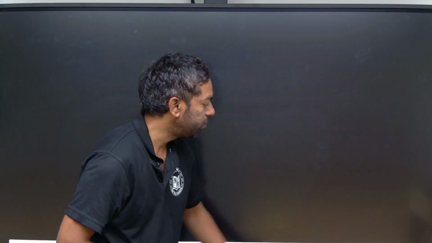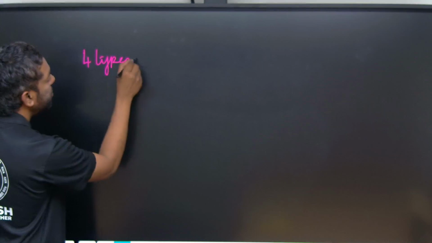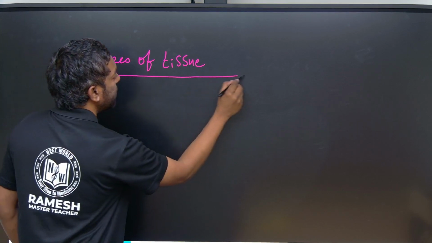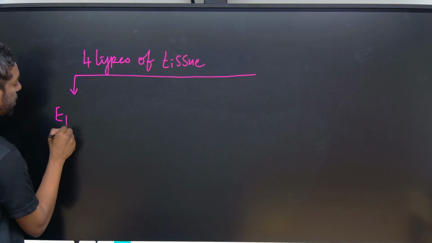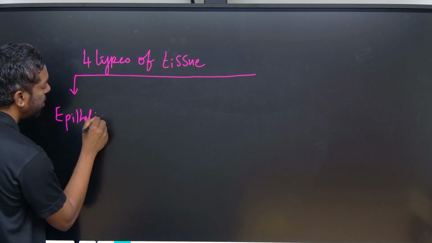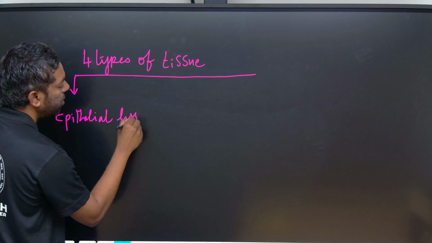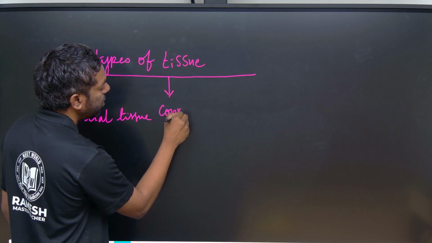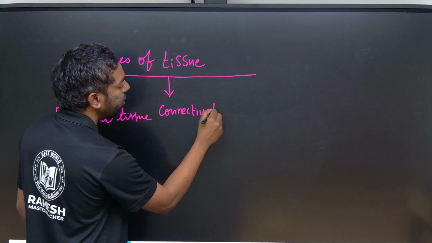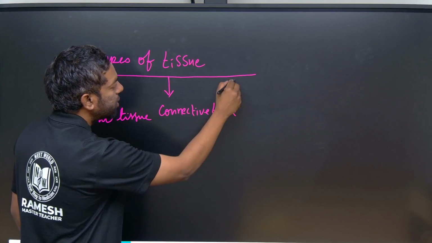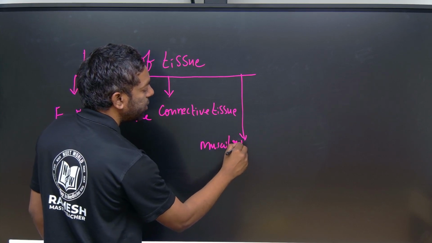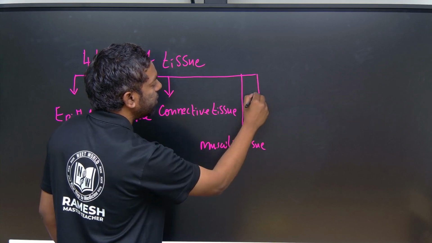These are the 4 types of tissues in the animal body.